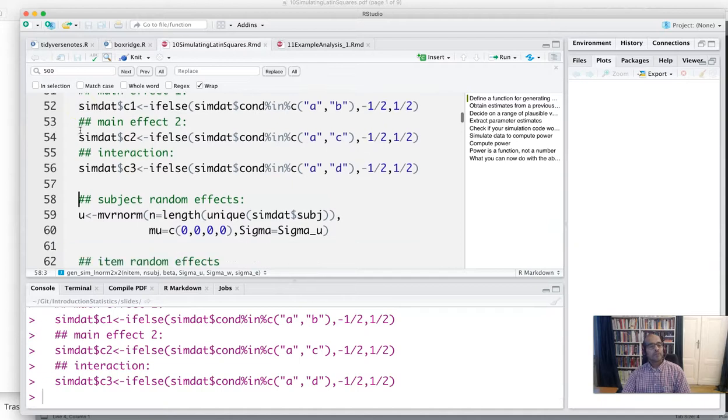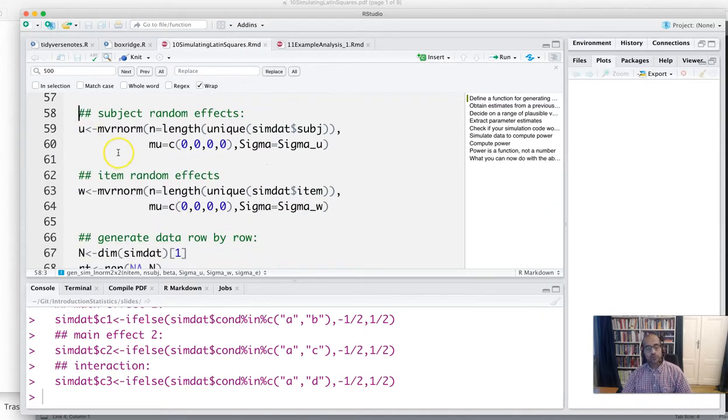Okay. All right, so the next thing that I do, of course, is that because I need to have random effects for the 4 predictors, I'm going to have the intercept, the 2 main effects, and the interaction. So there are 4 fixed effects. So if I fit a maximal model, I'm going to have 4 random effects, right? So I'm going to generate a multivariate normal distribution with 4 dimensions, right?